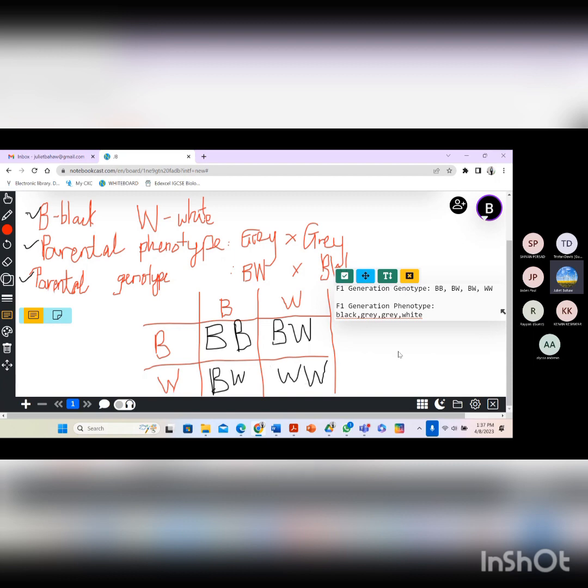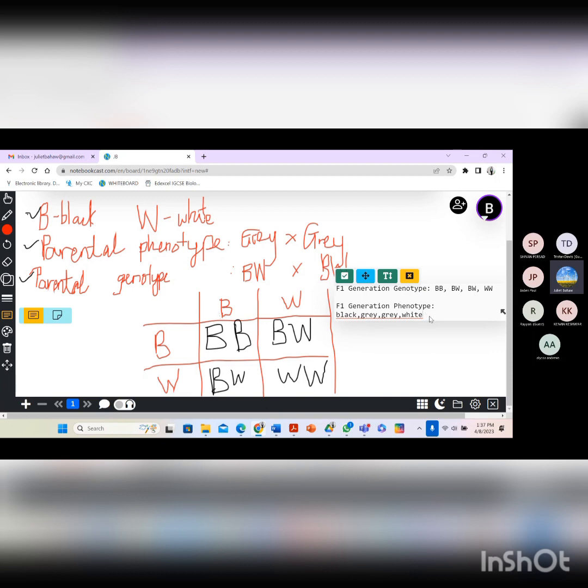Remember, I showed you in the Punnett square, it's 4 chances. This does not mean 1 mice, 2 mice. The Punnett square is not telling you the amount of mice. The Punnett square is telling you the chances of the alleles that can be inherited from the parents.